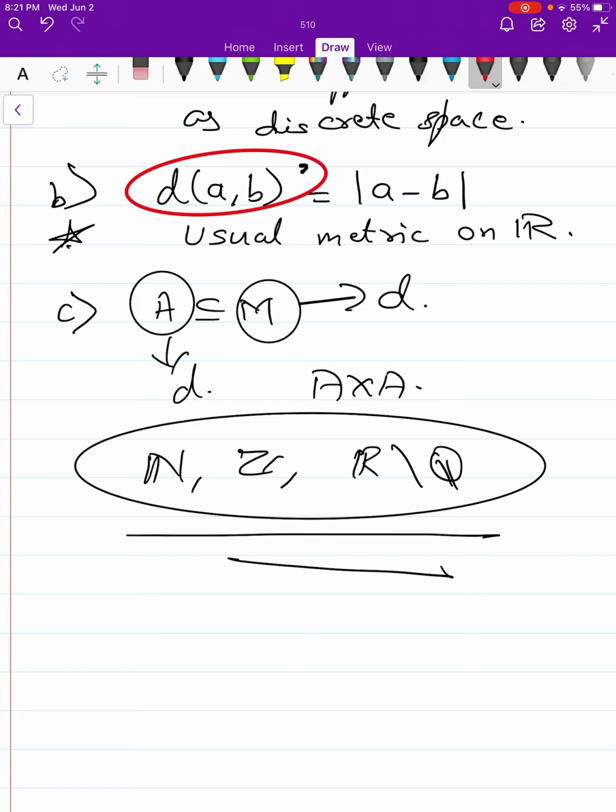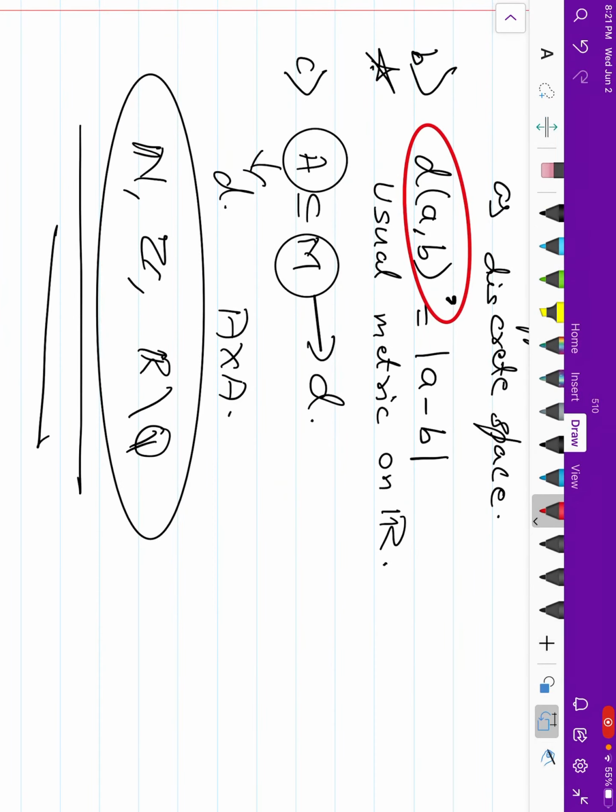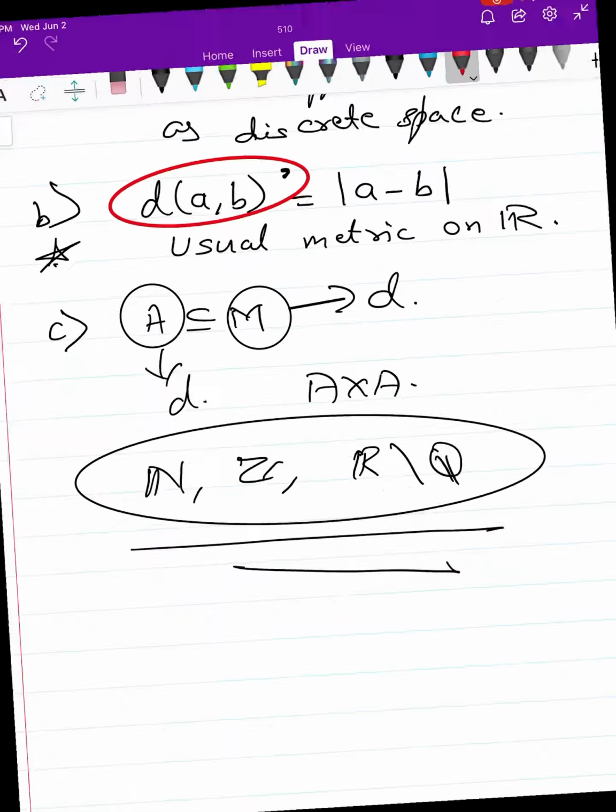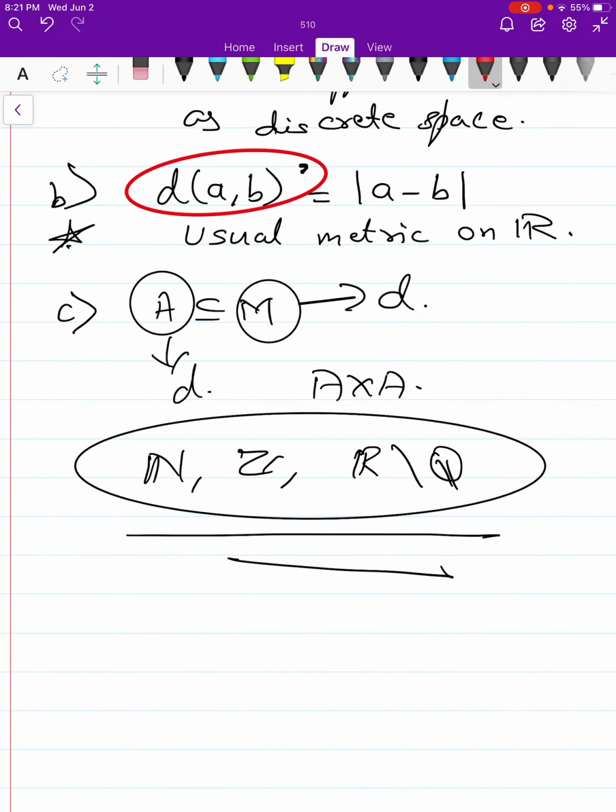Now, in some of the homework problems, I have given some questions on norm spaces. So I think it would be better if I define a norm on a vector space.